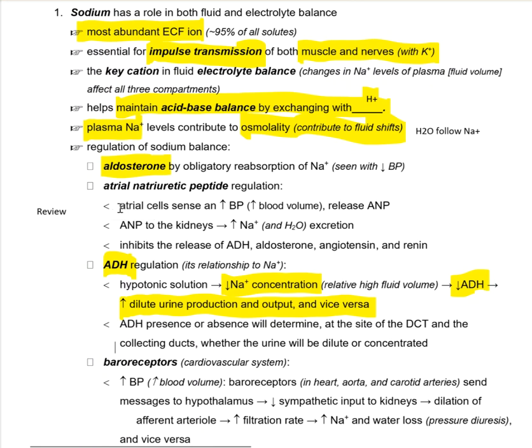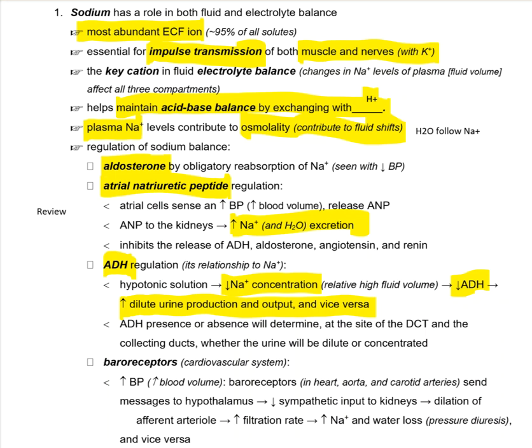Okay, and then we have ANP. And you might remember that ANP works opposite of aldosterone and ADH. So if we have a lot of ANP, we will try to get rid of sodium and water. Okay?